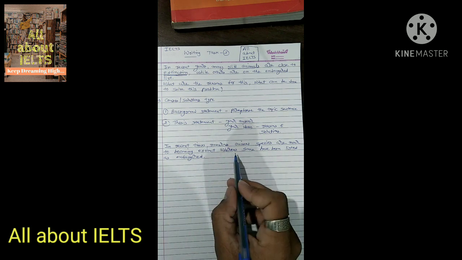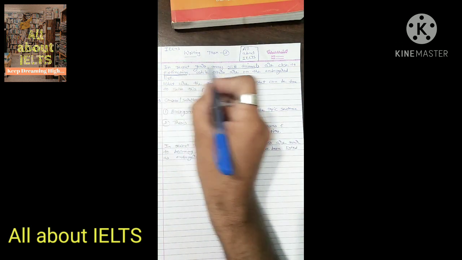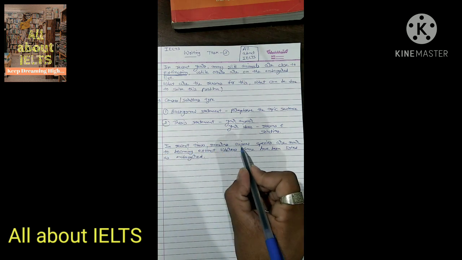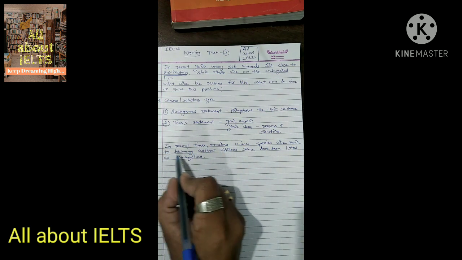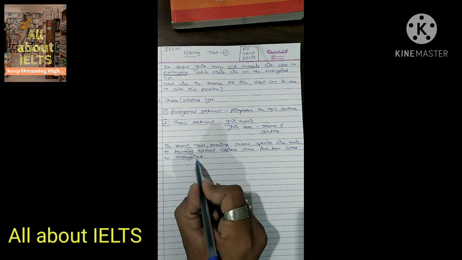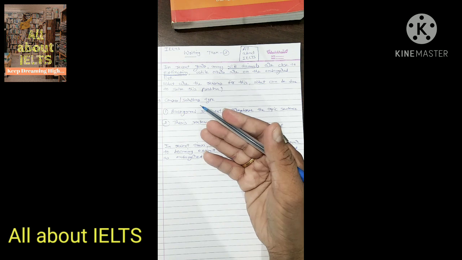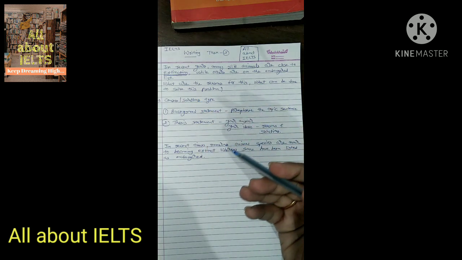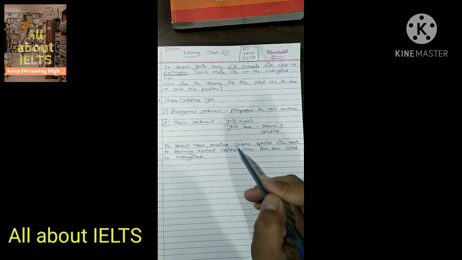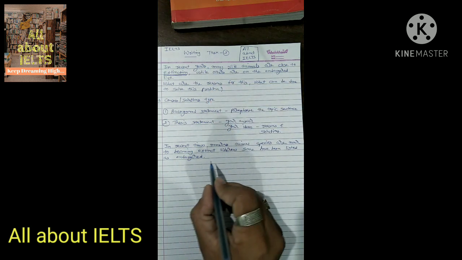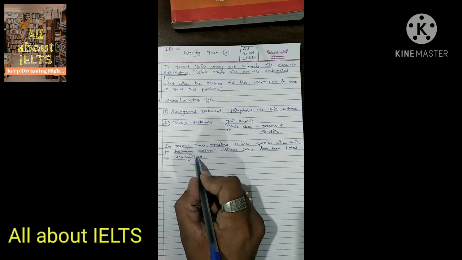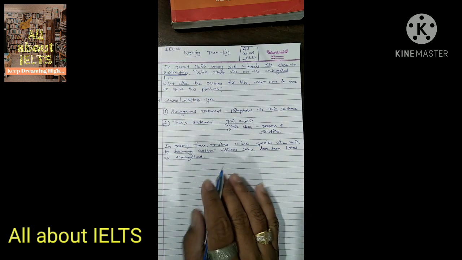So this is the paraphrasing of our topic sentence. In recent times, numerous animal species are near to becoming extinct, whereas some have been listed as endangered. So what we have done, we have just written down the topic sentence again in our own words. So the meaning remains the same, and that's very good paraphrasing.